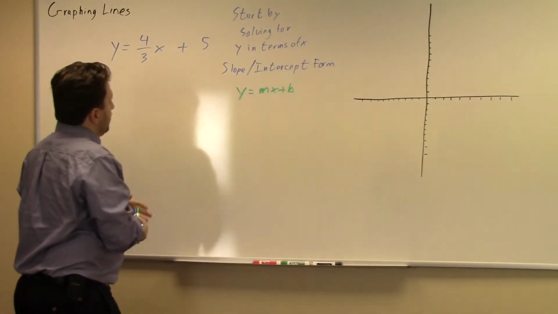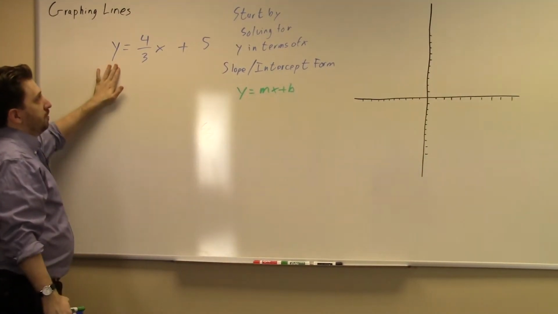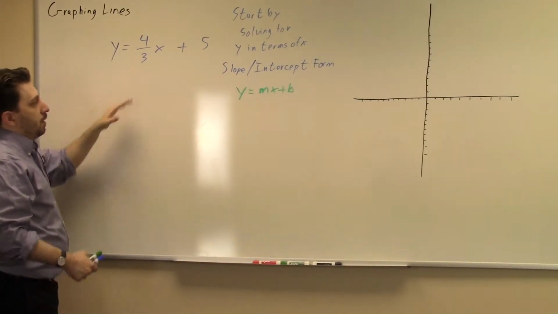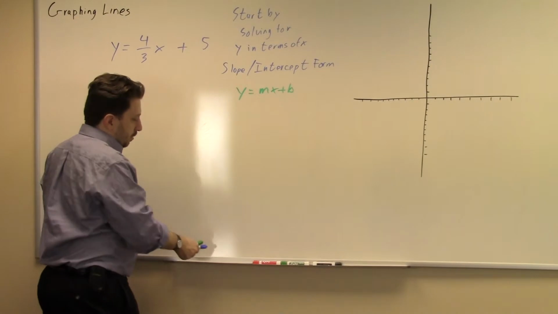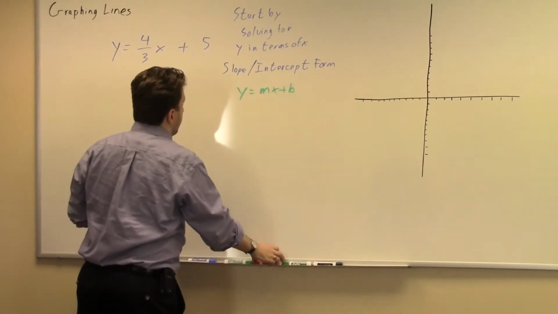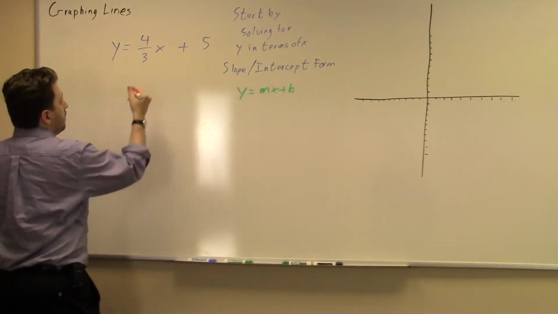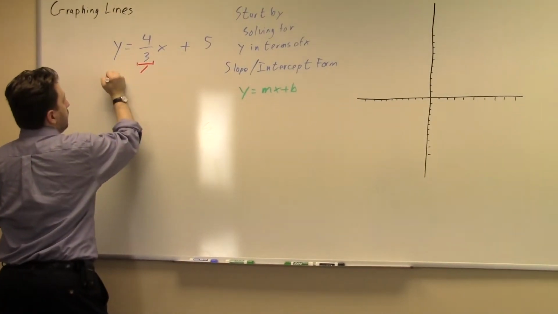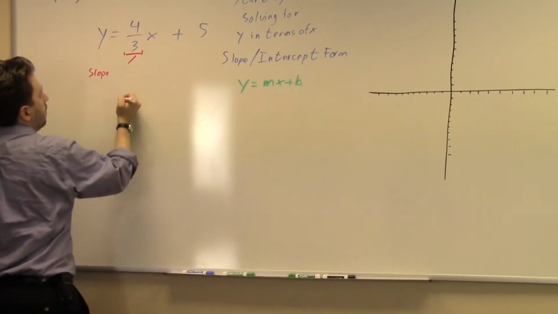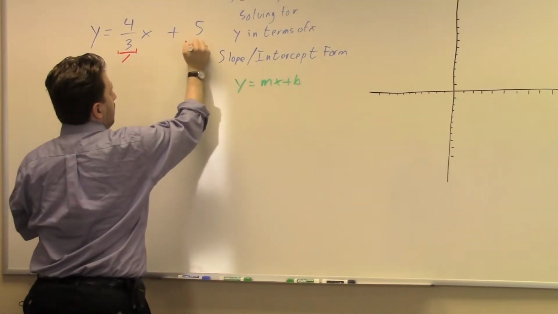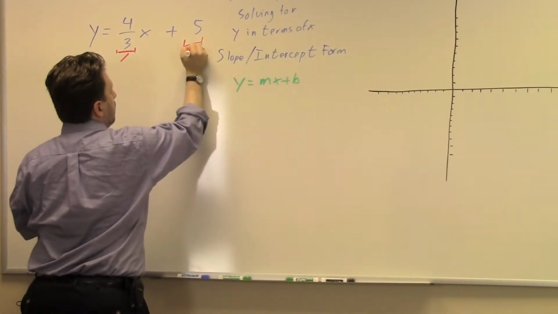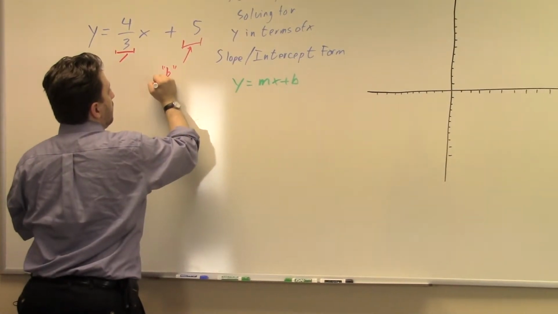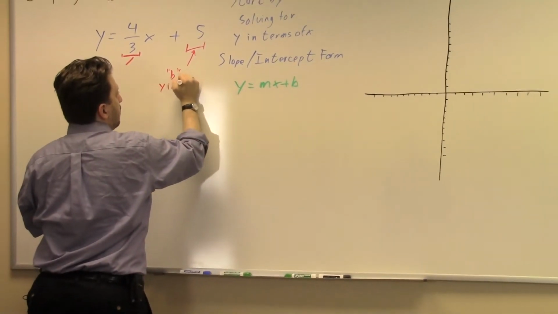So the line that we have right here is y equals 4/3 x plus 5, and it's already in slope-intercept form. And when you're looking at a line in slope-intercept form, the part in front of your x right here, that's your slope. And the constant, the b term, that's going to tell you your y-intercept.